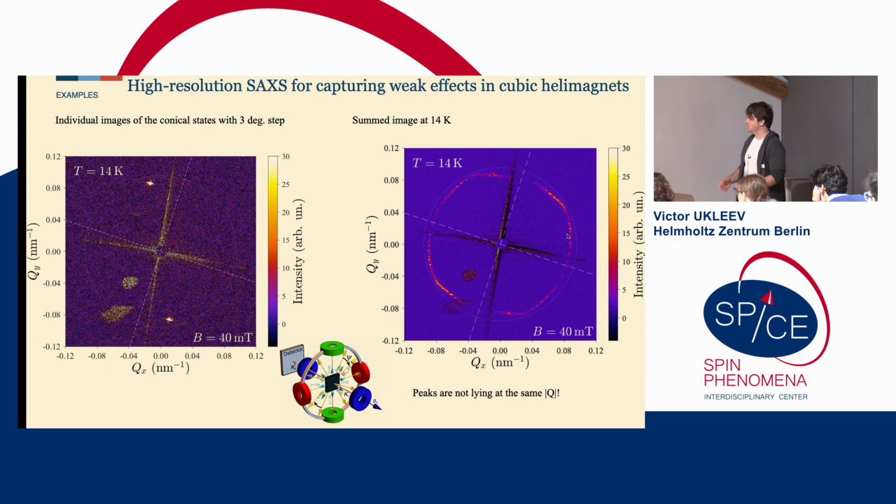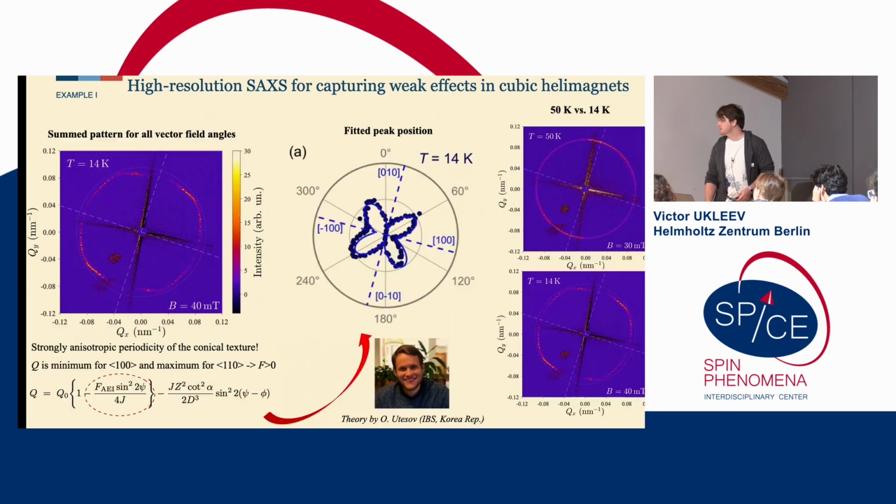And if it was a circle, that would mean that the propagation vector is isotropic within this plane. But it definitely has some humps and dips. And we found that these humps and dips actually correspond to the principal crystallographic directions in this crystal. So the K vector has a maximum for the 110 direction and a minimum for the 100 equivalent.